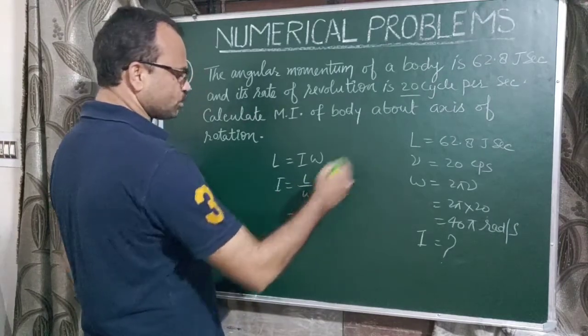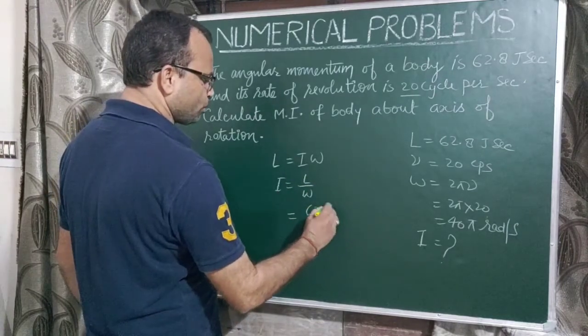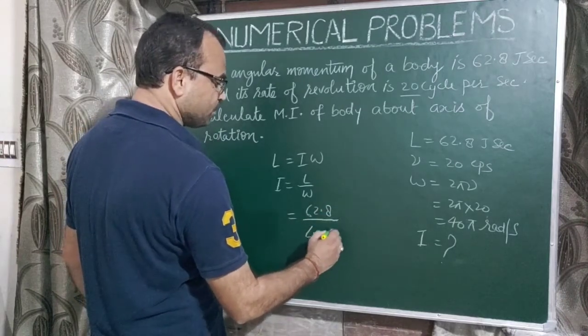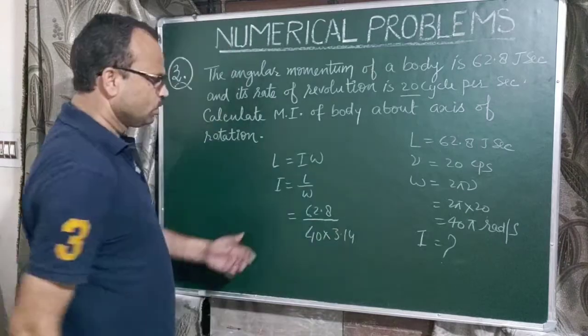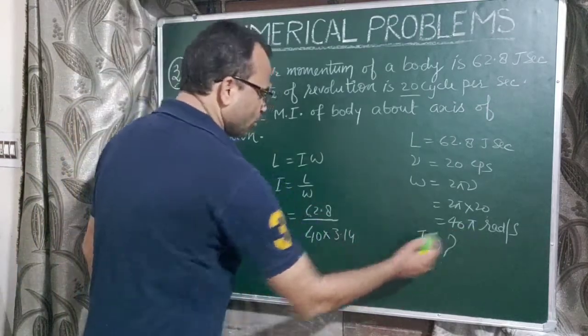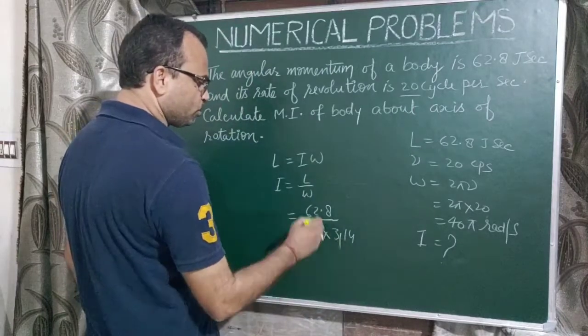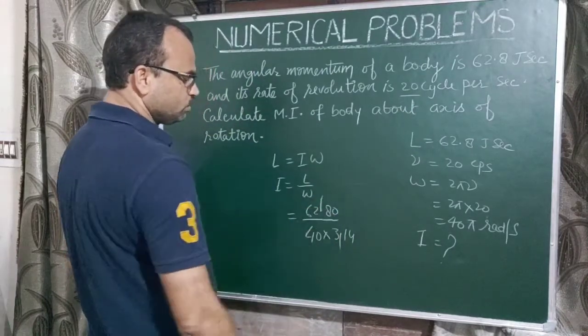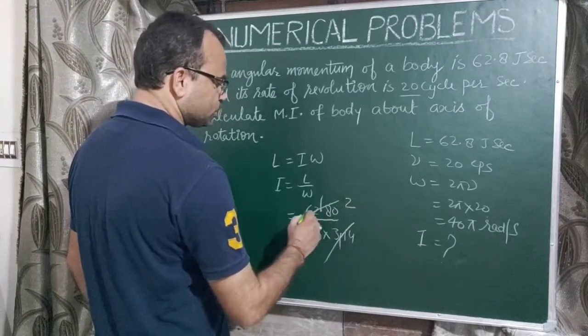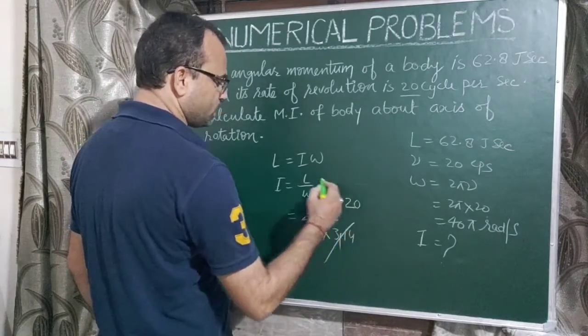Okay, now substitute the values: 62.8 upon the value of omega, 40 pi. The value of pi is 3.14. The decimal point cancels, 10. So 314 into 2 is 628, means 20.